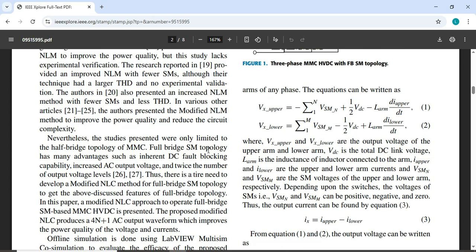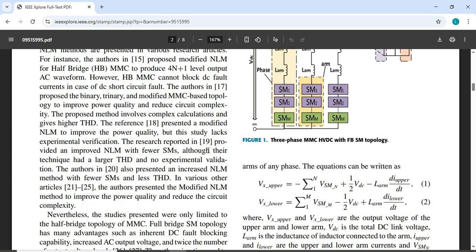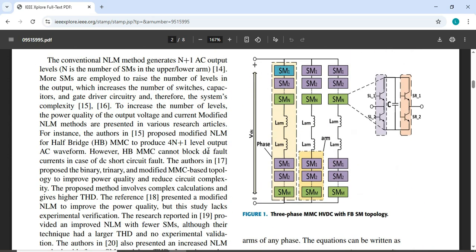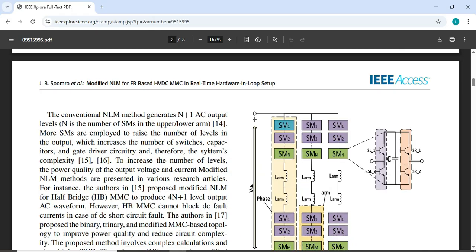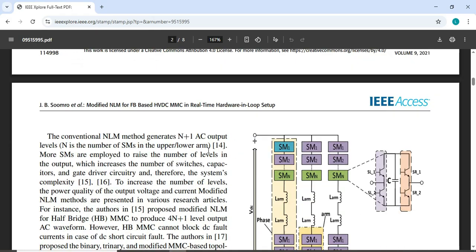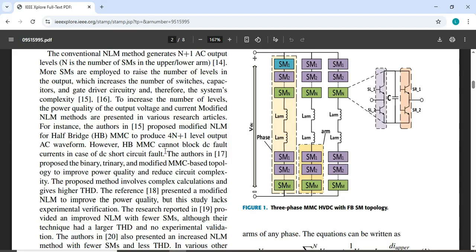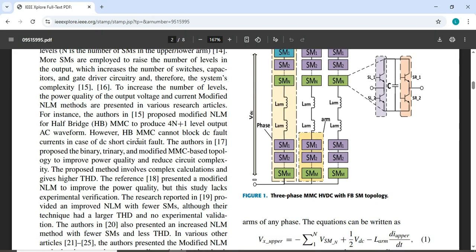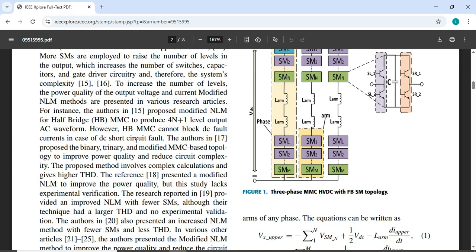So, if you are doing literature review on MMC HVDC converter schemes, you would come to know that in MMC there are different types of submodules, and the most common ones are the half bridge and full bridge submodules.